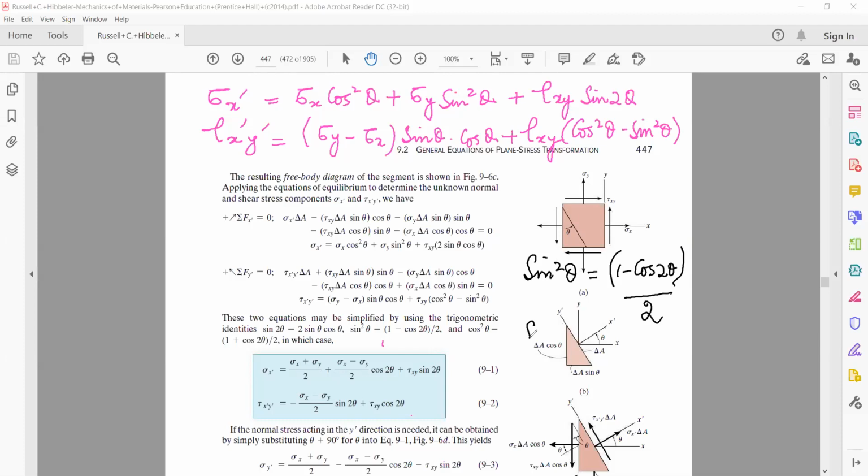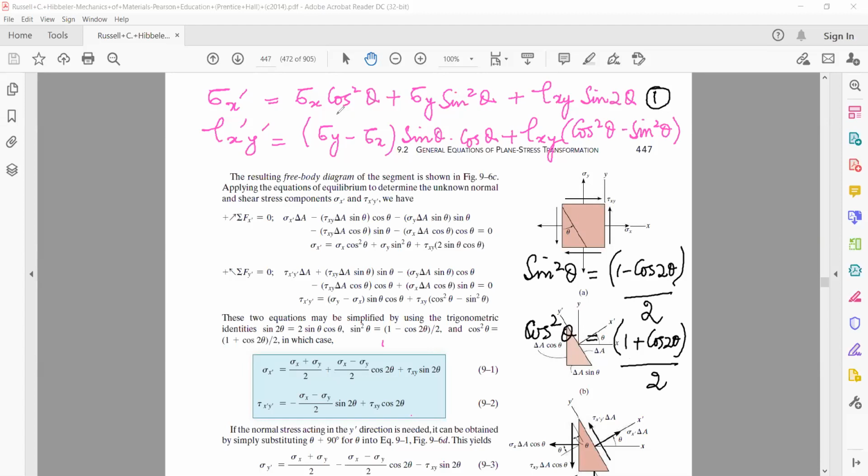So if we make use of these concepts, that sine square theta is 1 minus cos 2 theta by 2, as well as cos square theta is equal to 1 plus cos 2 theta divided by 2. Fine. So let me call this equation 1.